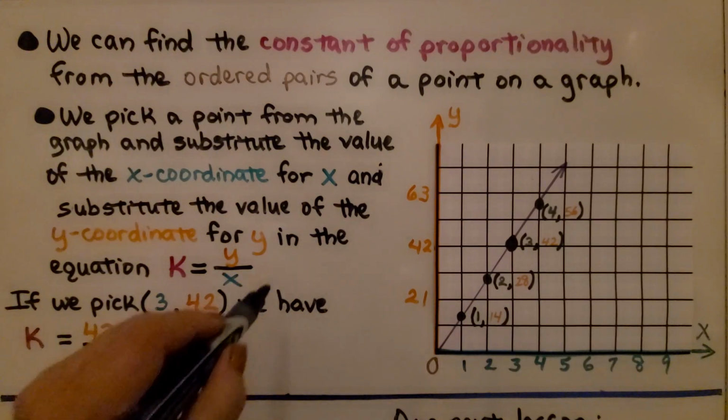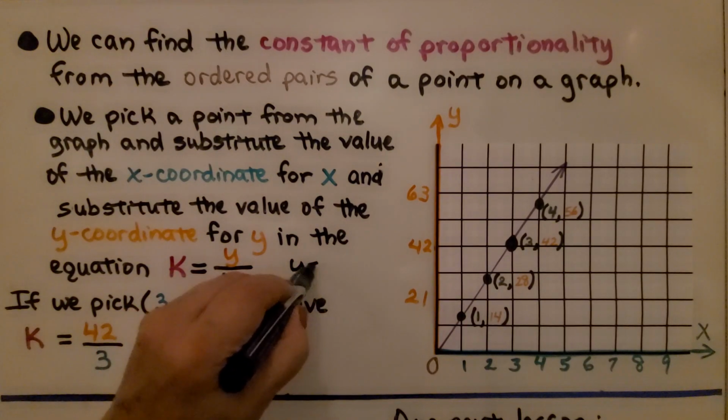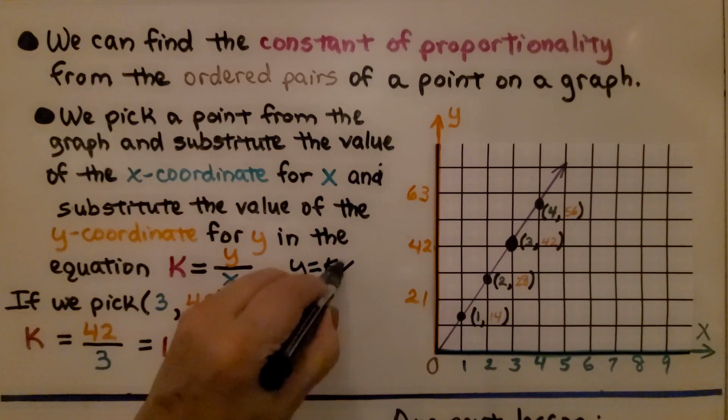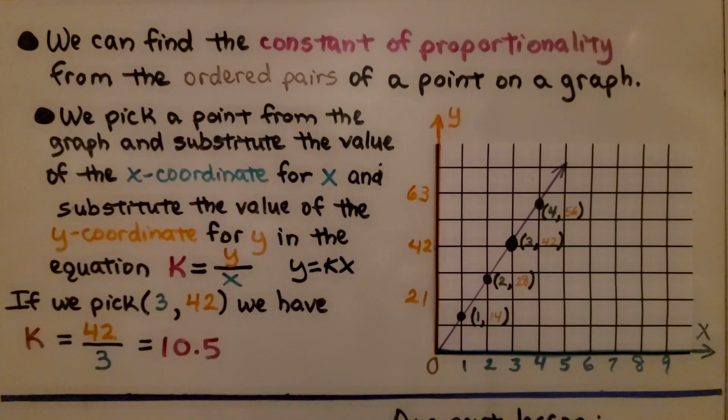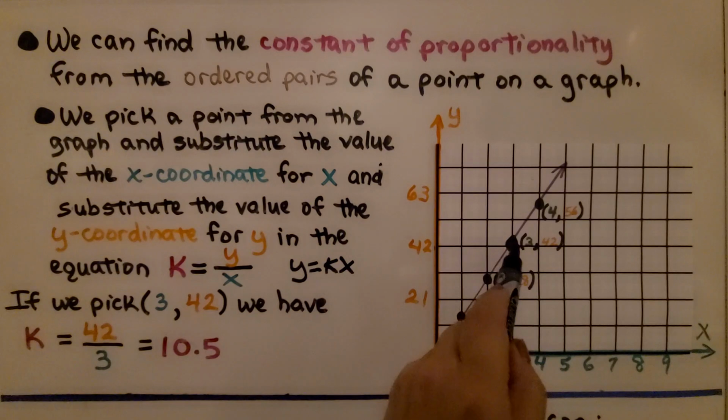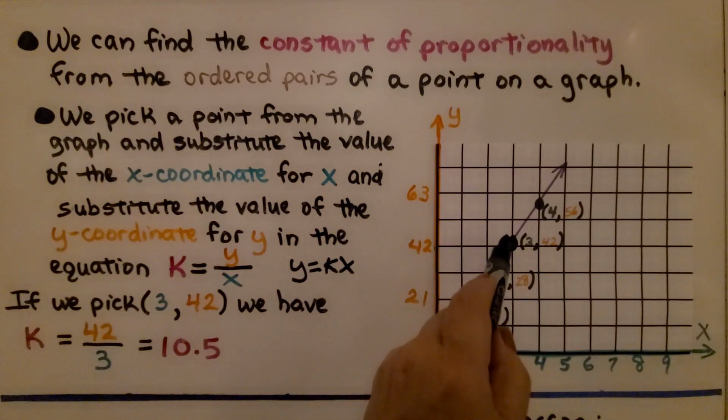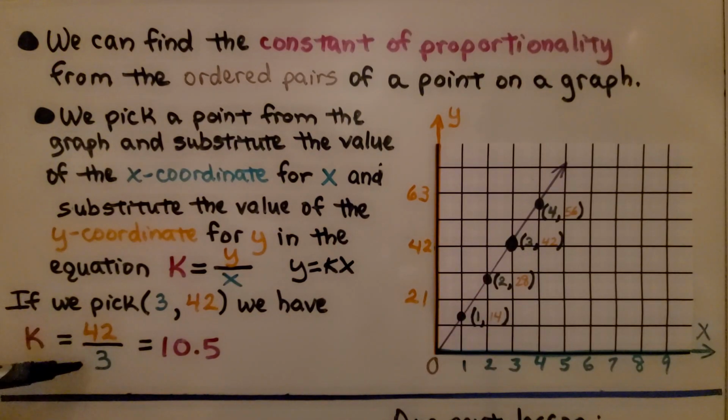And we could also use the equation y is equal to kx. If we pick 3 for x and 42 for y, we can do 42 divided by 3. We get 10 and 5 tenths. We know k, the constant of proportionality, is 10 and 5 tenths.